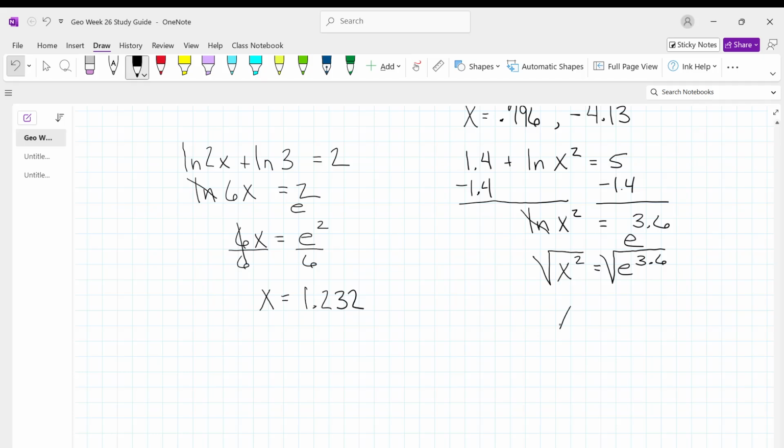So we've got x that's equal to positive or negative e to the 3.6. So 3.6, second, e, 36.598. And then it's going to be negative 36.598.